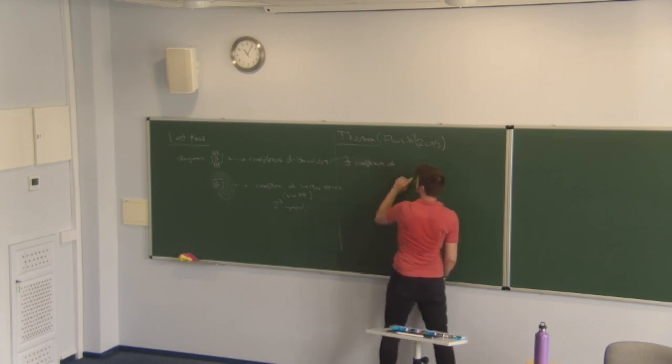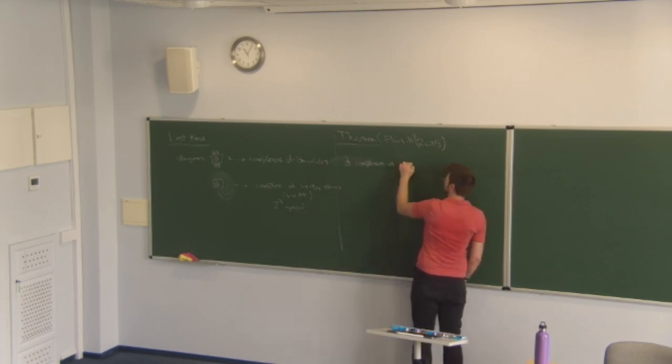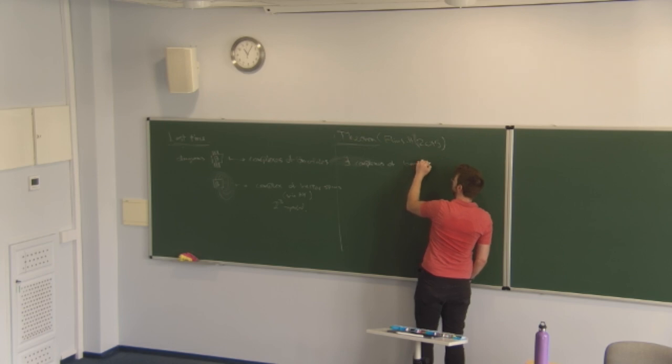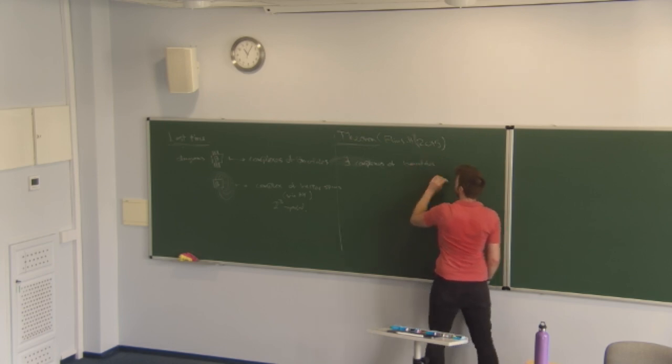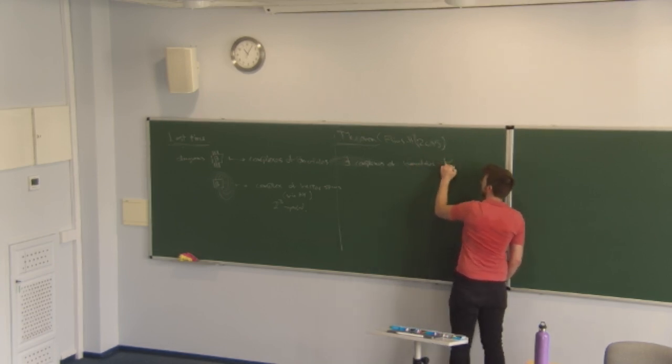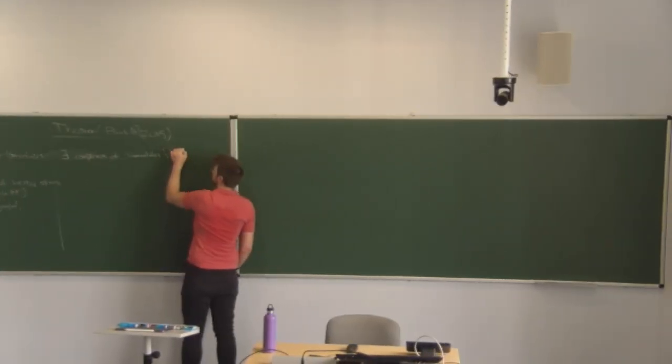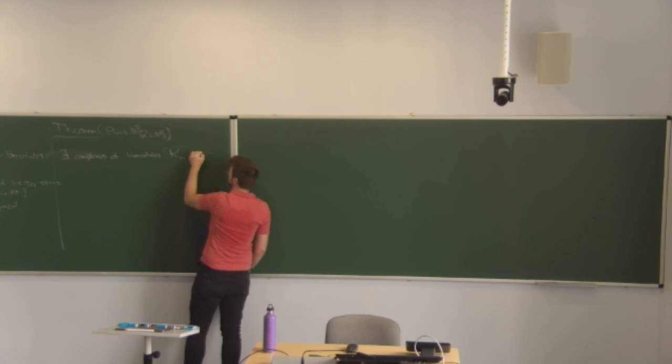I'll treat them as a black box for now. There exist some complexes of bimodules. I will call them Kn, and we'll denote them diagrammatically in this talk just by drawing an empty box with n strands.